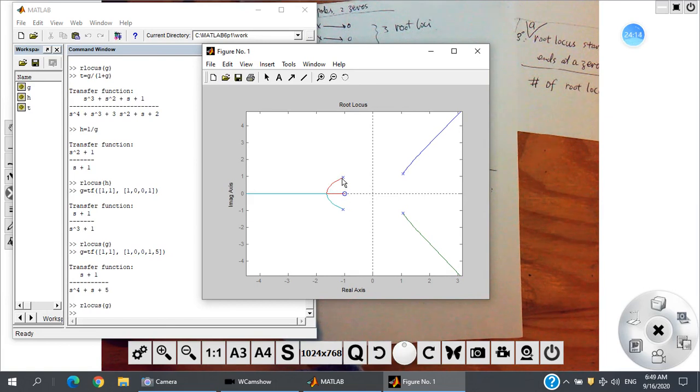This red one starts from this cross and ends at this circle. And I need 3 more circles, but I do not have them, so they go to infinity. This one is blue, this is also blue, this is a kind of light blue. This goes to infinity, this also goes to infinity.